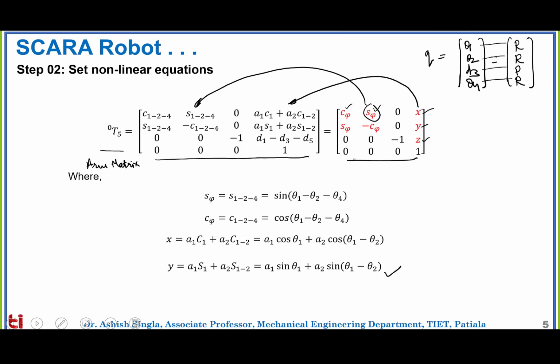And finally we have z, the third entry, which represents the coordinate of the origin of the tip frame with respect to the base frame. So this is the z coordinate. After having these 5 nonlinear equations, we need to calculate all the 4 variables in a proper manner.